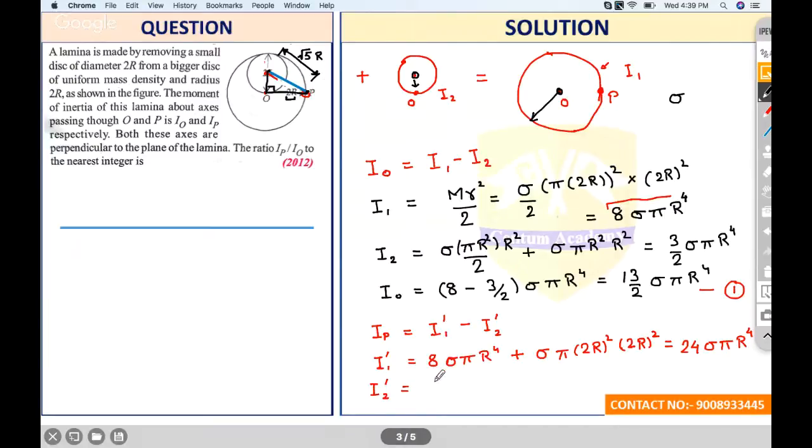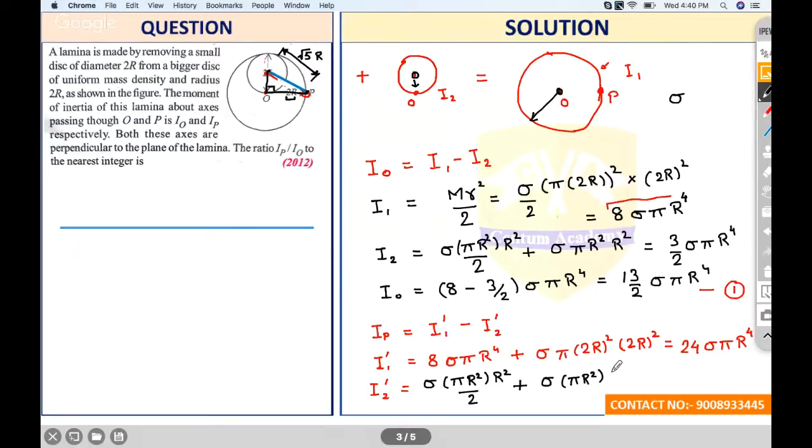So this will be equal to mr square by 2, so this is sigma into area, r square by 2, plus m into distance square.